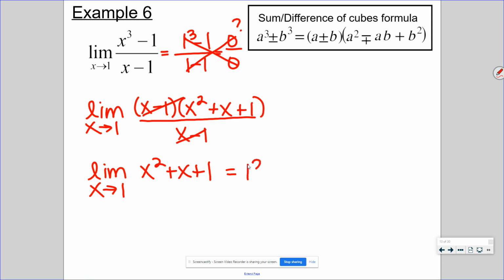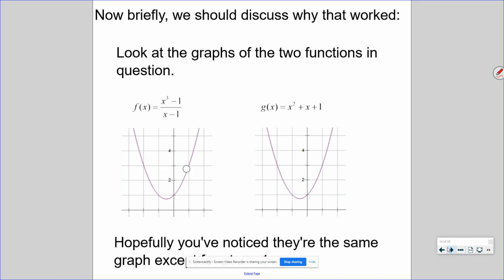Now I'm going to try to plug and chug into the simpler thing. And this time I am able to get an answer because it's something that I can actually compute, and my answer would be 3. Still a little confusing to understand that this is actually going to work, but here's a picture of why. So the first function is the one that wasn't factored. You'll see it's a quadratic, it's a parabola with a hole in the graph.